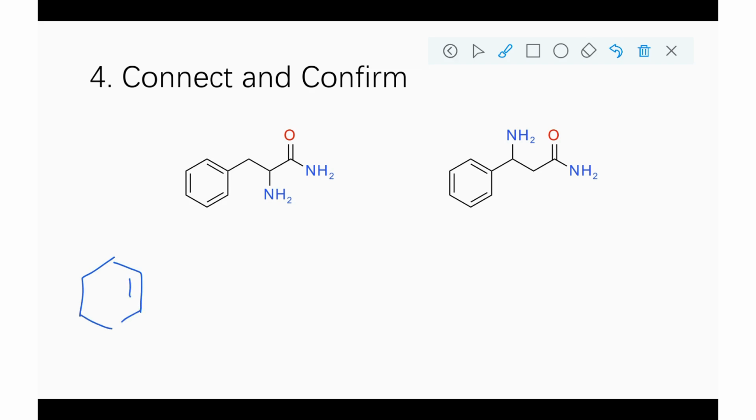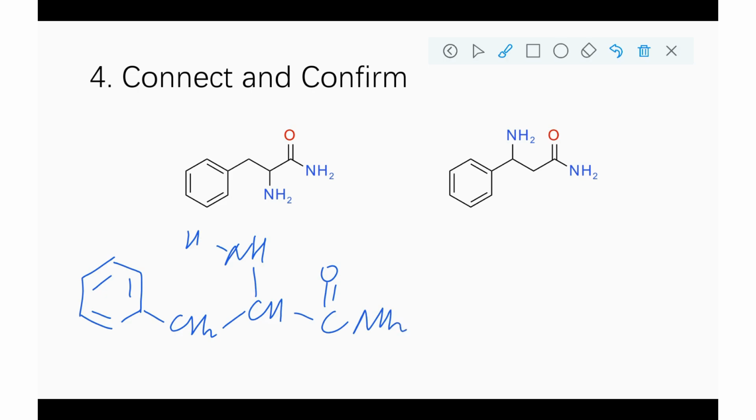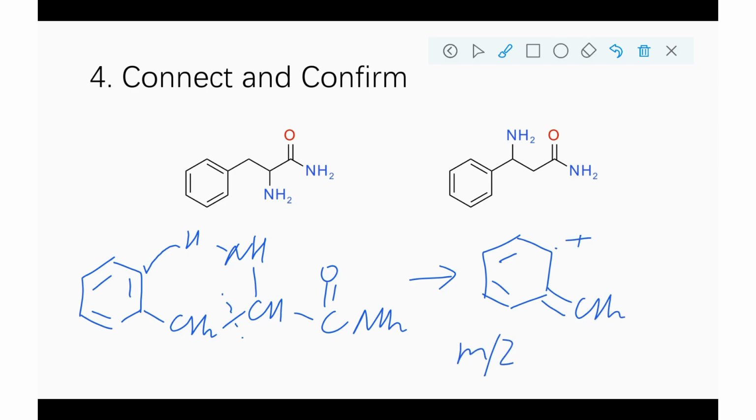So if we write our structure like this, this hydrogen is going to end up here, and the bond is going to break here, and we're going to have this ion, and its mass to charge ratio is going to be 91.